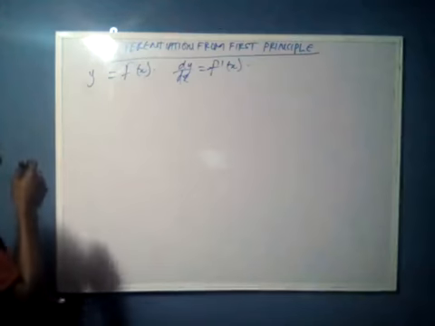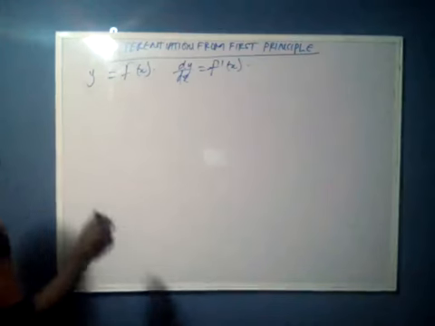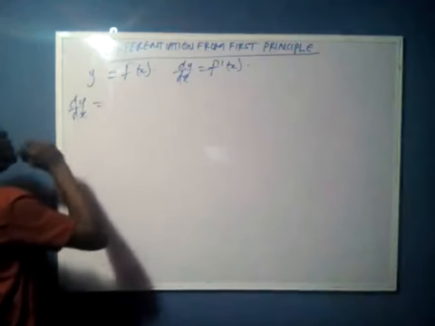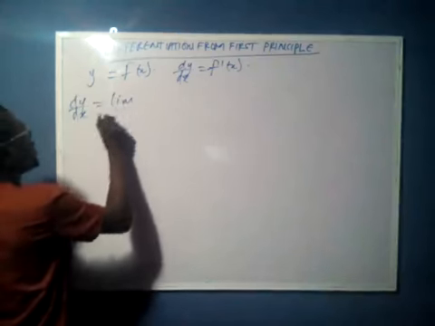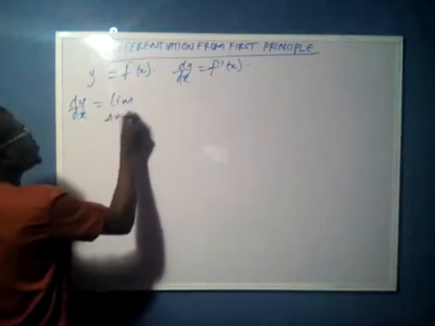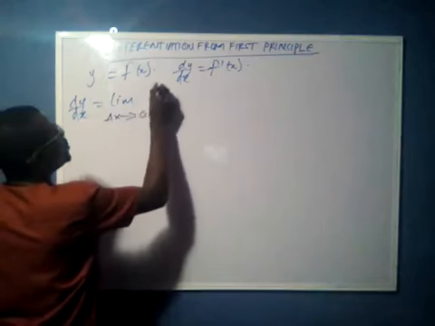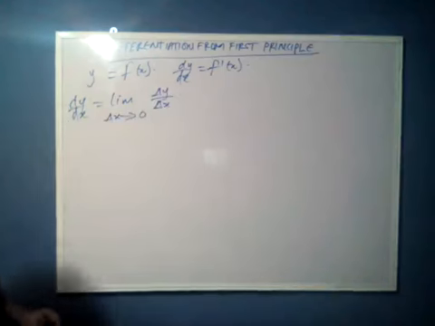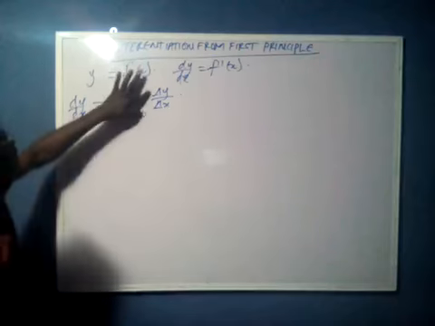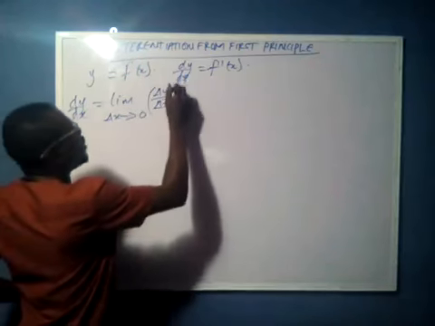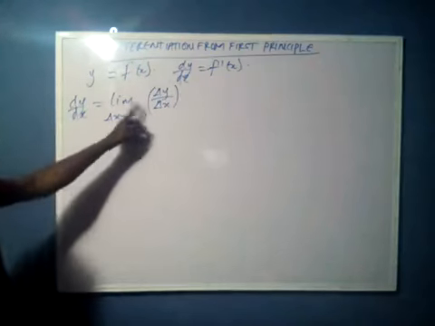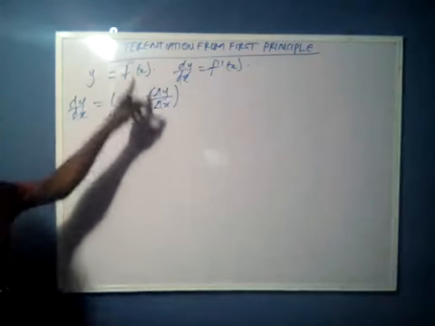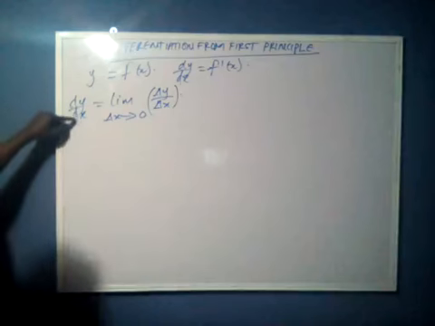This dy/dx is equal to the limit as change in x tends to 0 of change in y over change in x. So all we are driving at is to get this particular expression and then take the limit of it as change in x tends to 0. From there we'll get the value of dy/dx.